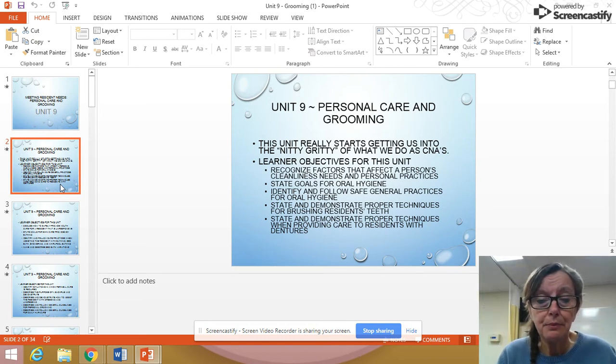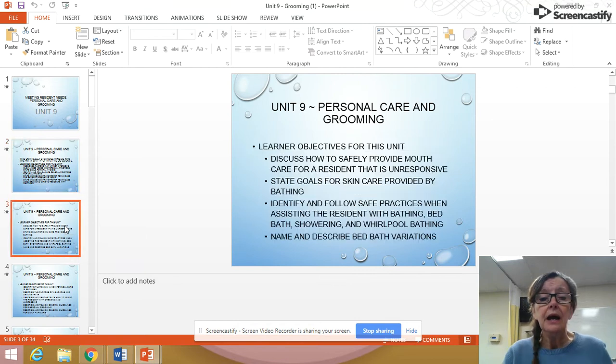State and demonstrate proper techniques when providing care to residents with dentures. We have to be so very careful with them. How to safely provide mouth care for a resident who is unresponsive, state goals for skin care provided by bathing, identify and follow safe practices when assisting the resident with bathing, bed bath, showering, and whirlpool bathing.